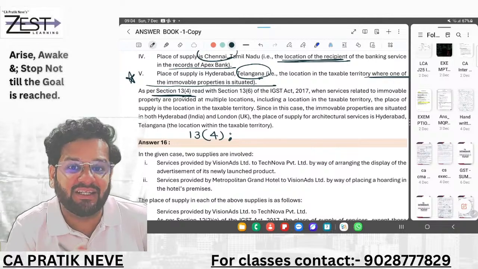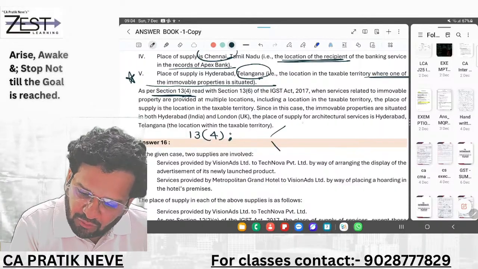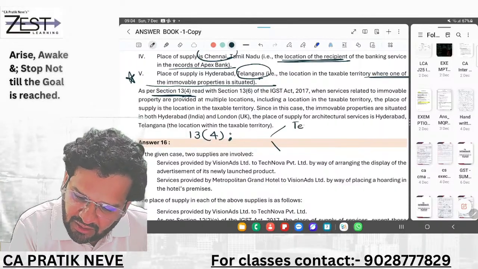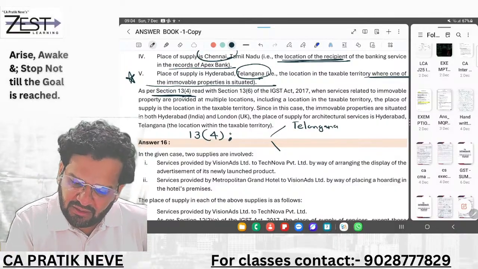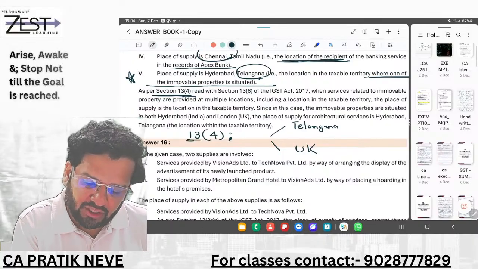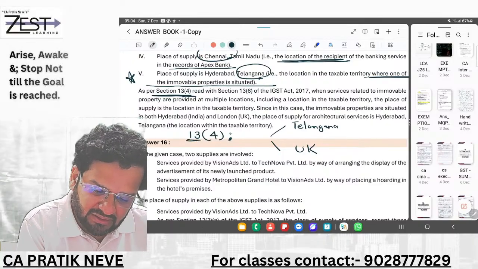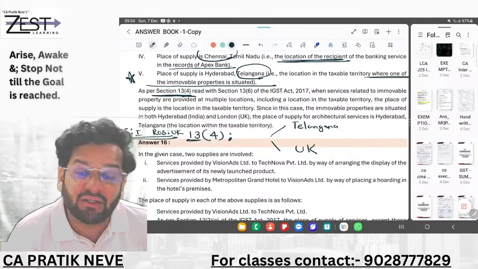Remember the recent example that we did? Service in relation to immovable property. We understood that one property is in Telangana and another property is in UK. Of course, we went to 13 because supplier is of India, but recipient of supply is of UK. That's why we went to 13.